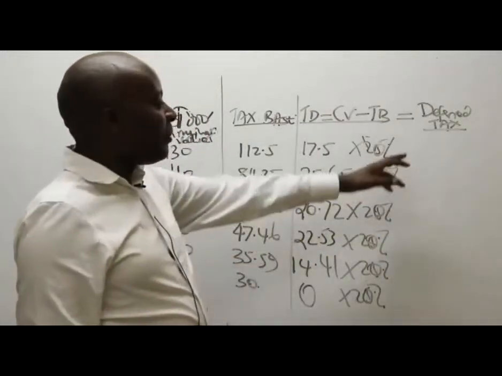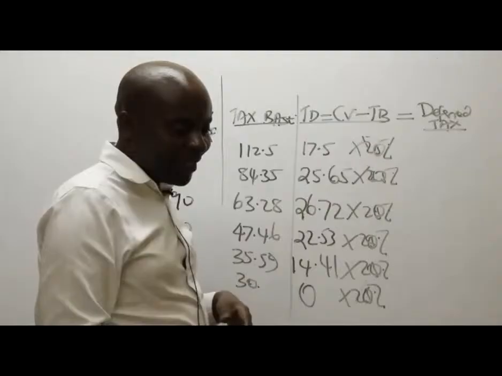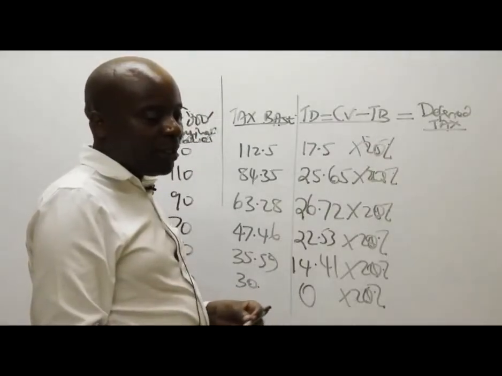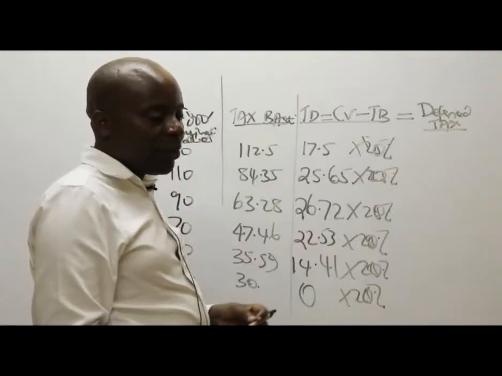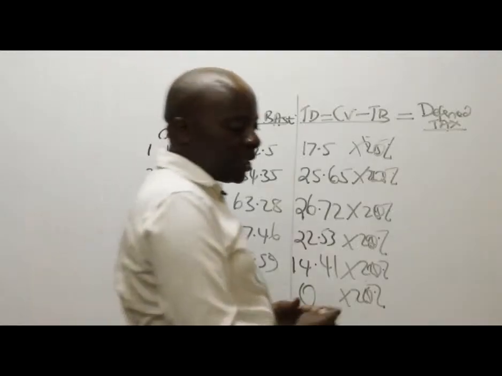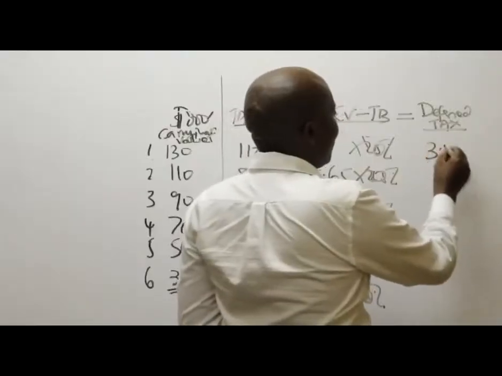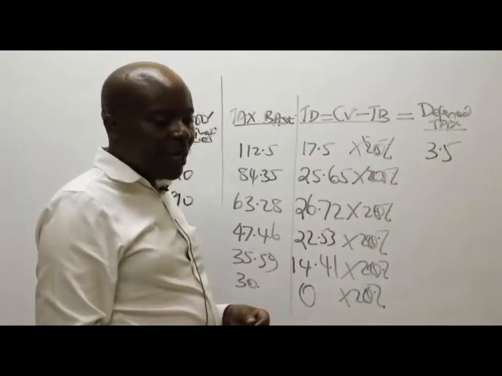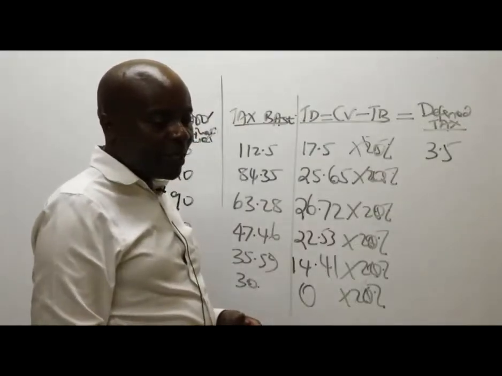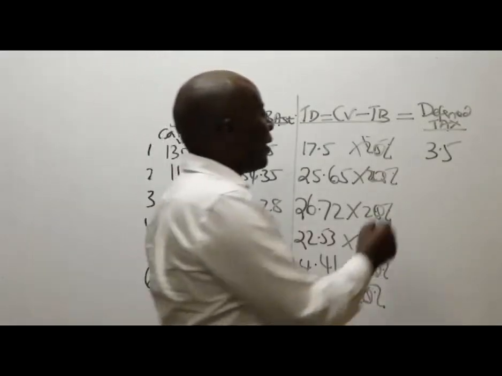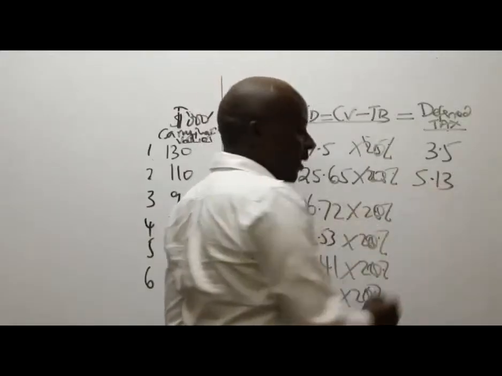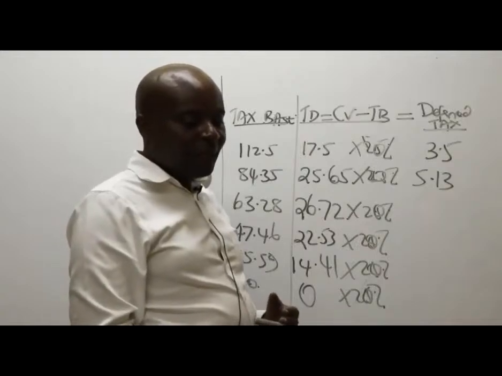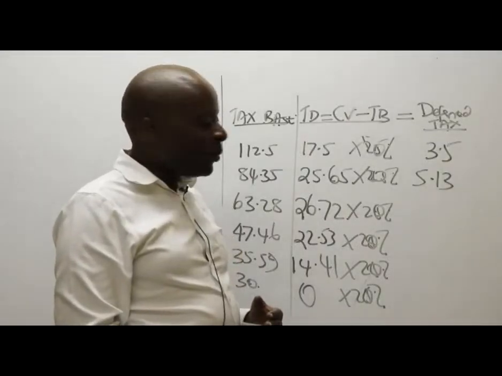So please come here and tell me how much it comes to. Ruth says 3.5. Thank you very much, Jenny Rose. Next is Felista, 5.13. Anyaki, Mesha Kimitei, 5.13. Zamzam, 5.34.